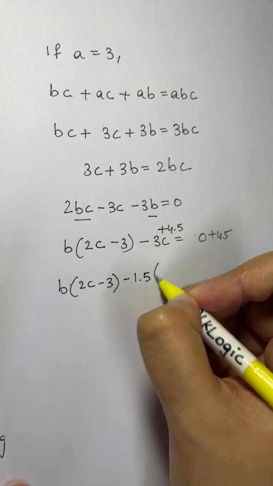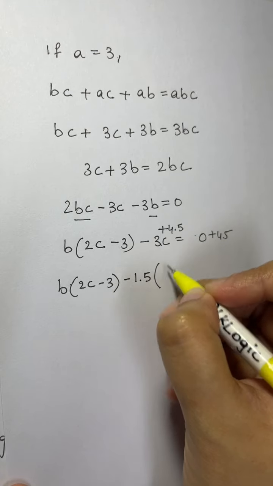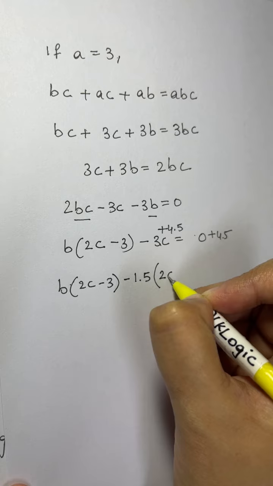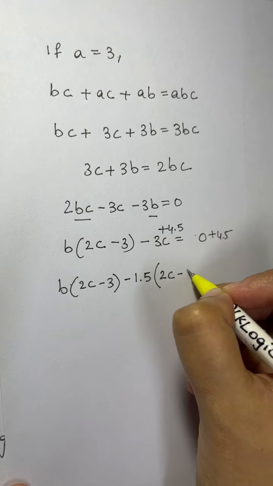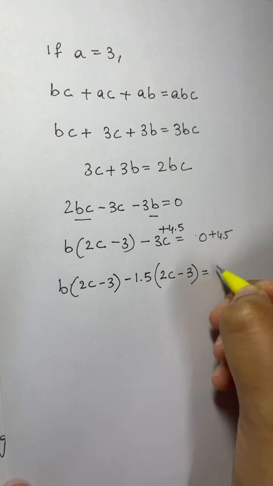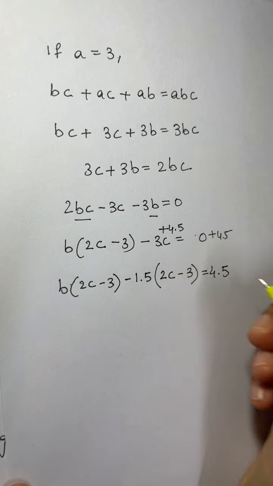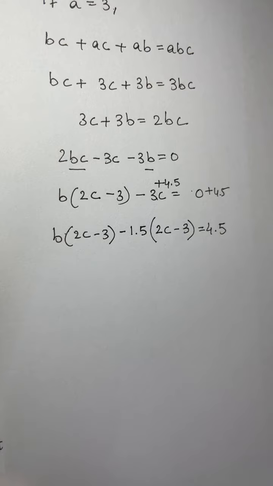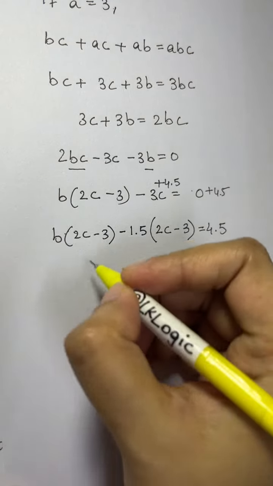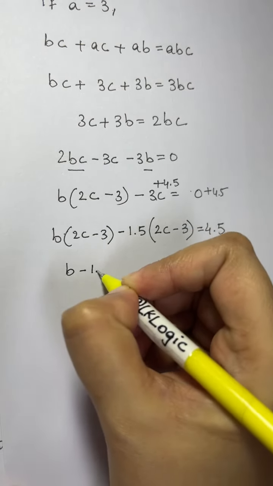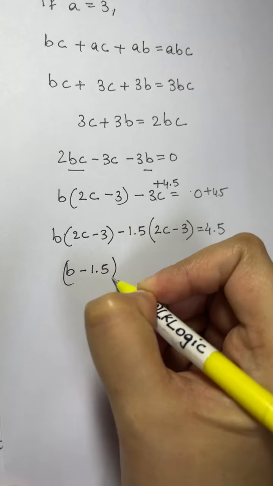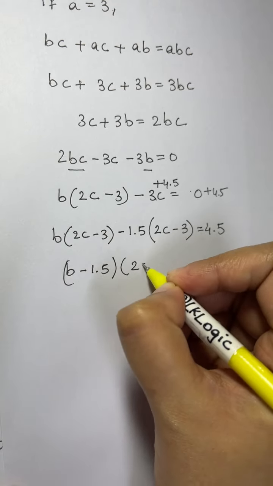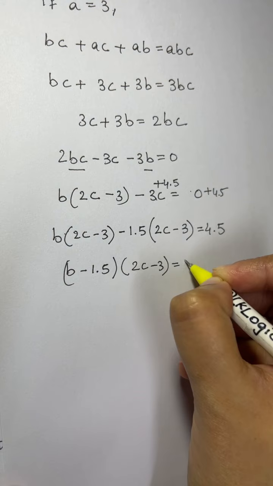Minus 1.5 times 2C minus 3 is equal to 0 plus 4.5, which is 4.5. So like this you can have two factors: B minus 1.5, and then 2C minus 3 is equal to 4.5.